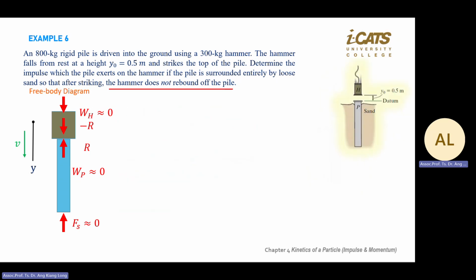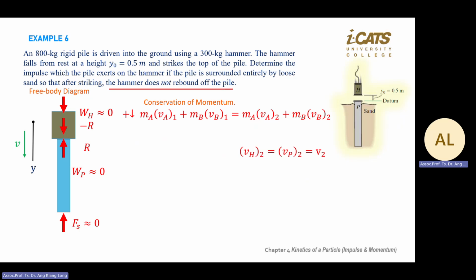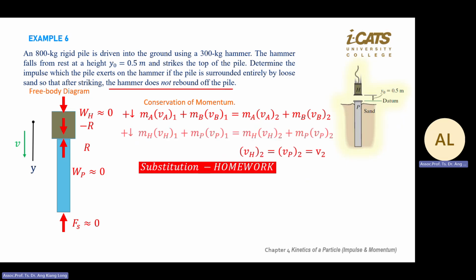Okay, so for conservation of momentum, we use mv before, mv after. We have two objects here, a hammer and a pile. So A is replaced as hammer H, B is replaced as pile P. And we know that the velocity after, number 2, will be the same for the hammer and the pile.